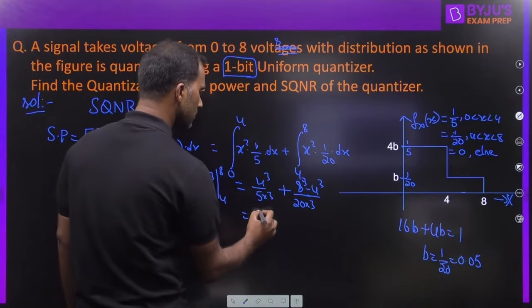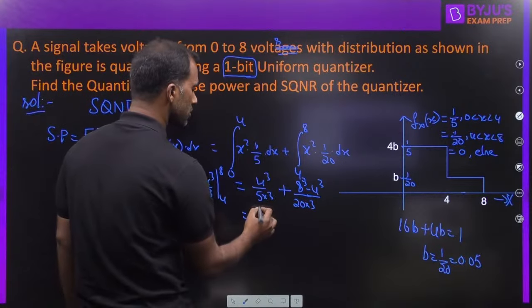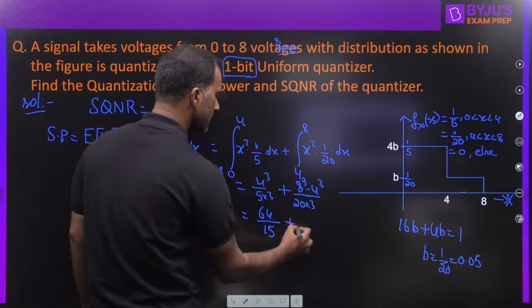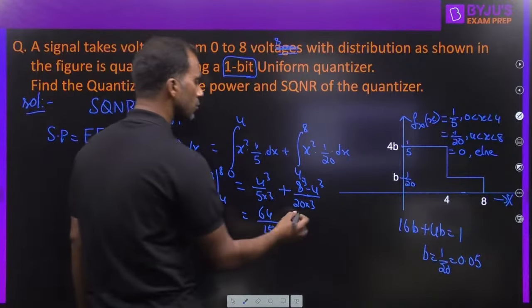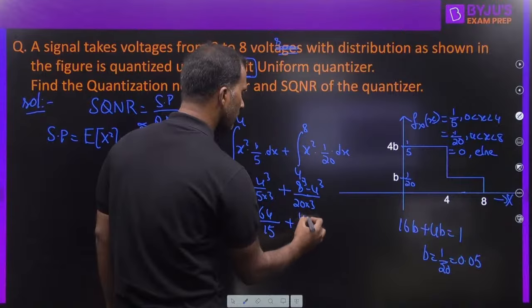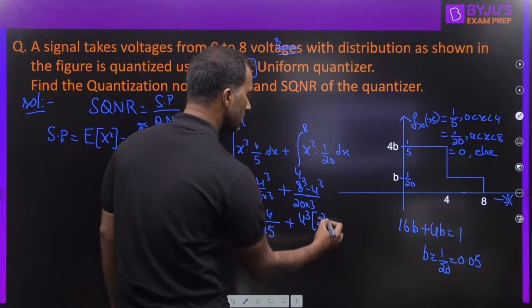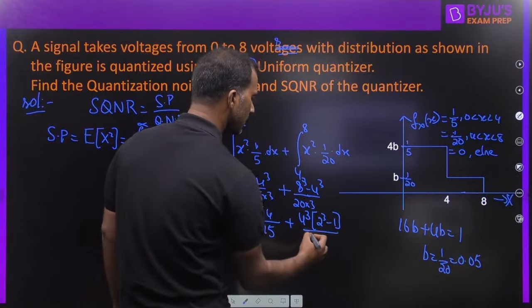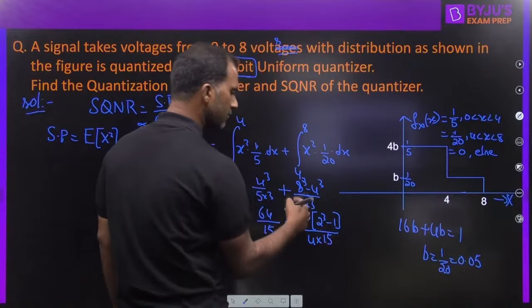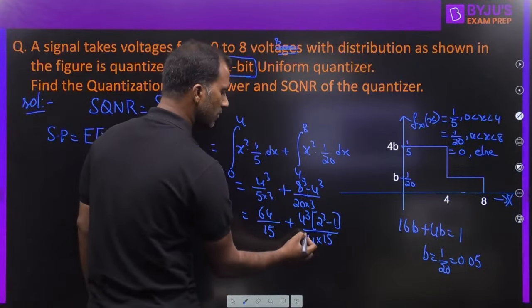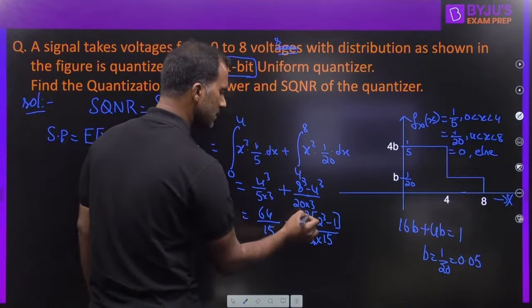So this is equal to 4 cube is 64, 64 divided by 15, plus, if you take 4 cube common, it will become 2 cube minus 1, divided by 20 into 3, or 4 into 5 into 3, 4 into 15. I am writing 20 as 4 into 5, 5 into 3 as 15. Why am I taking 4 common? Because I can cancel the 4 here also.